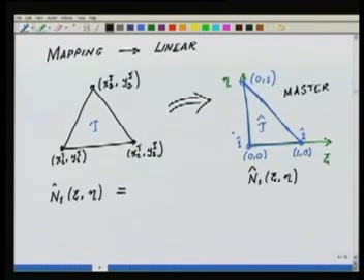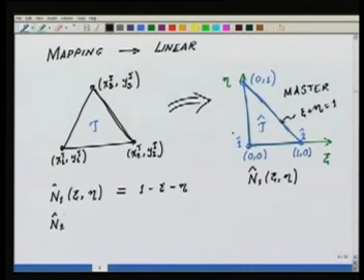It's quite easy to show that this is a function which is 1 here and 0 along this line, because n1 tau was 0 along this line. So similarly n1 hat has to be 0 along this line. This line has an equation psi plus eta equal to 1. So if it is 0 along this line, the function has to be 1 minus psi minus eta. Check this: it will be 1 at this point because psi and eta are 0, and 0 along these 2 points, 2 and 3. So this is how I have defined my n1 hat.